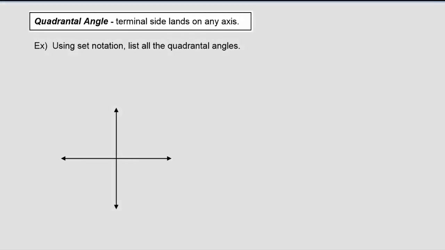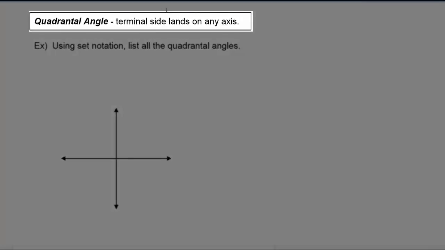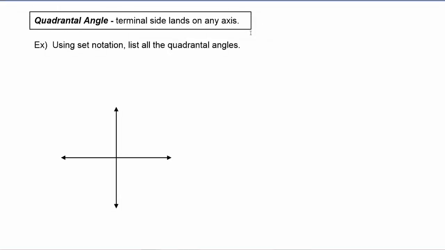Now, a quadrantal angle is any angle whose terminal side lands on an axis. Let's first label the quadrantal angles. So we know that 0 degrees lands on an axis, 90 degrees, 180 degrees, 270 degrees, 360. Now, it doesn't stop at 360.